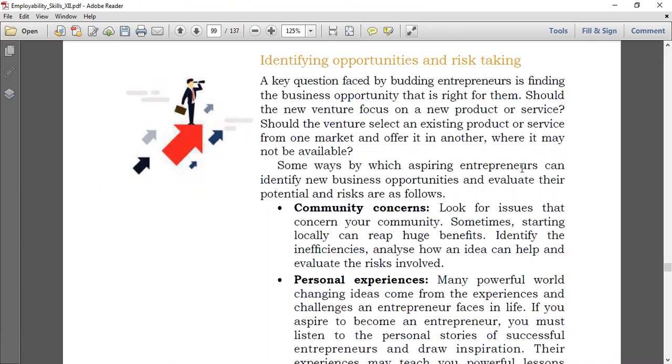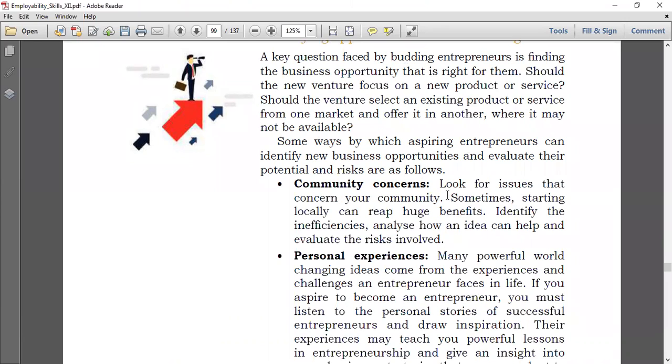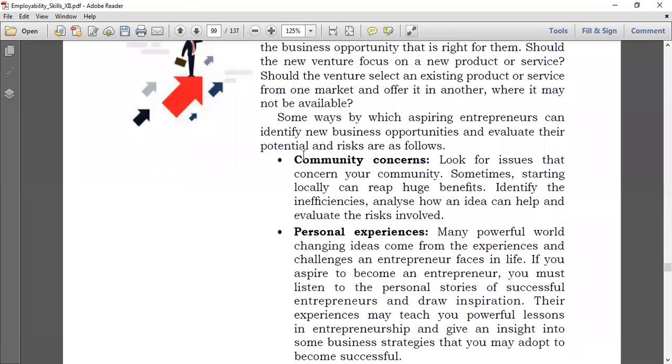Some ways by which aspiring entrepreneurs can identify new business opportunities and evaluate their potential and risk are as follows. What are the ways with the help of which entrepreneurs identify new opportunities? First is community concerns. Look for the issues that are concerning your community.